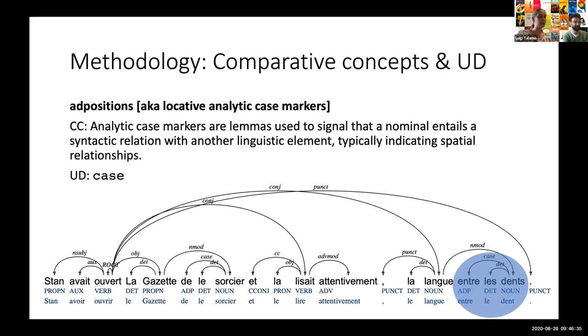It's confusing that these things are called the same thing, but here we are not looking at universal morphosyntactic features as such as UD uses them. So we are not looking at what we would traditionally call case marking. We are looking at adpositions, so freestanding lemmas, which typically have to do with indicating spatial relationships and their order with respect to the noun.